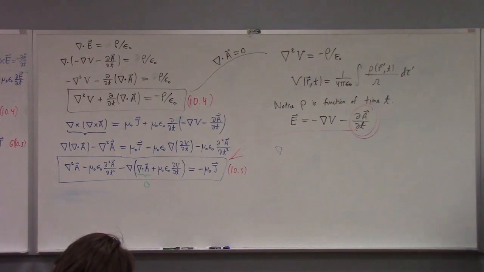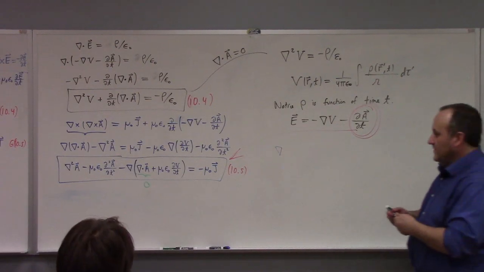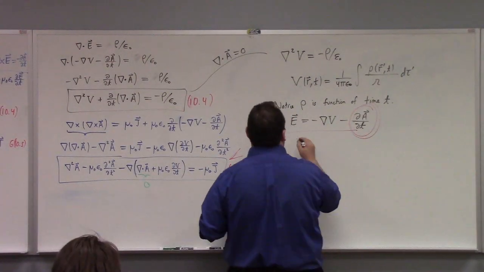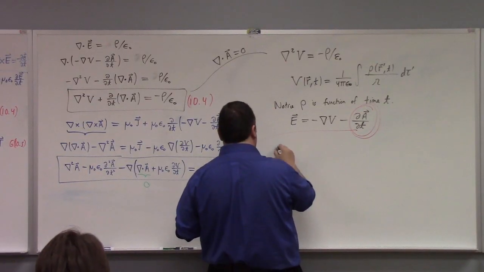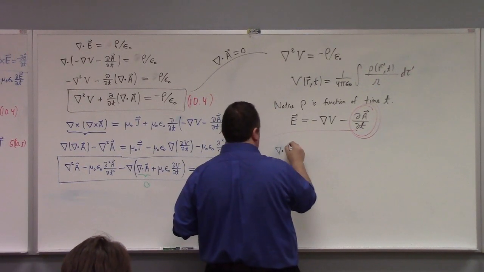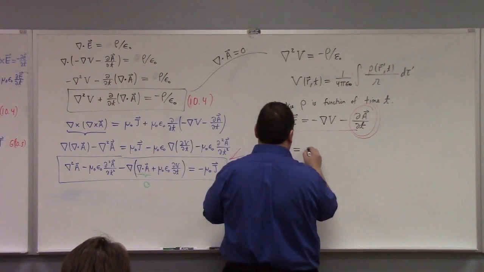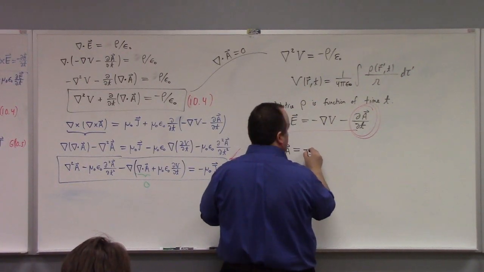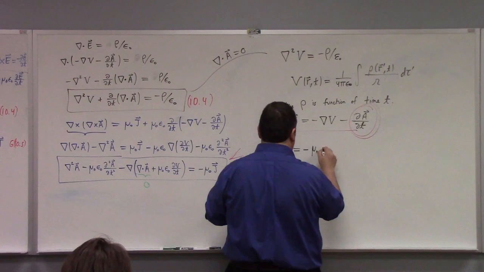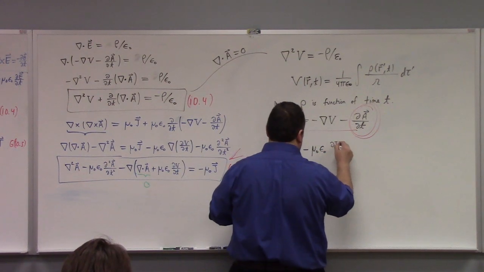All right, let's try this again. So we're given that the divergence of A is equal to minus mu naught epsilon naught partial V partial t, right?